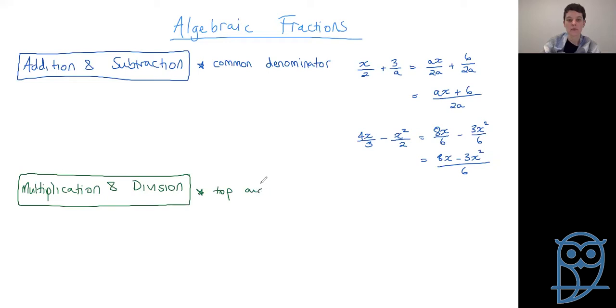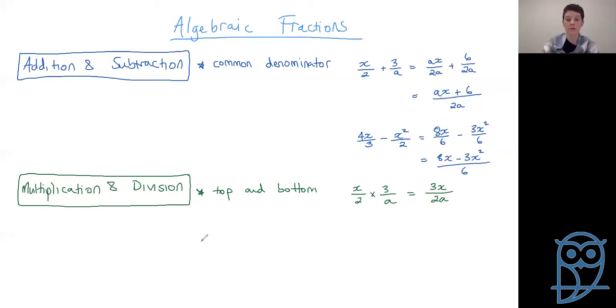So if we took our 2 starting fractions, the same ones up there, x over 2 times 3 over a, we would just multiply across the top: x times 3 is 3x. Multiply across the bottom: 2 times a is 2a. Lovely and straightforward. We can also cross cancel, even though there's letters involved, but in this case there was no cross cancellation to play with.